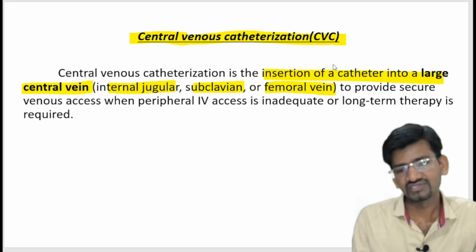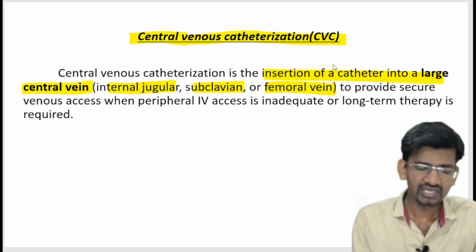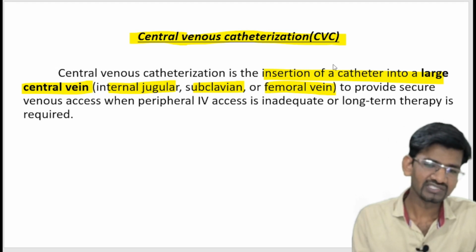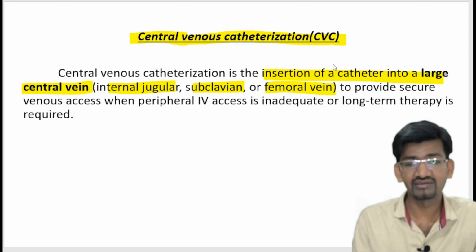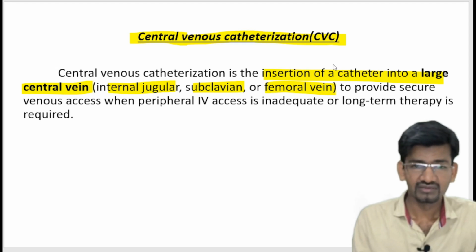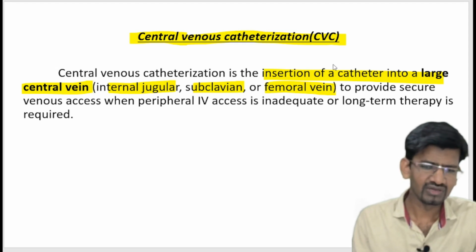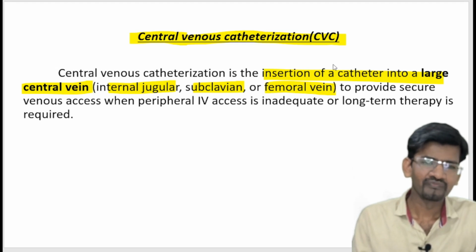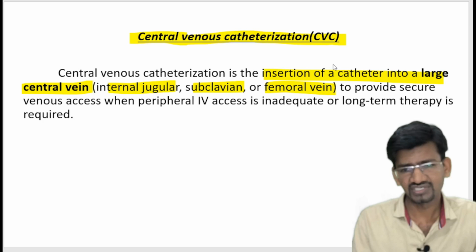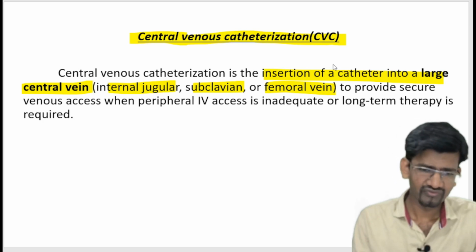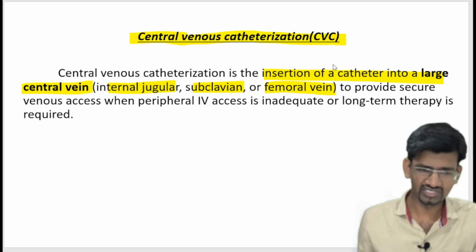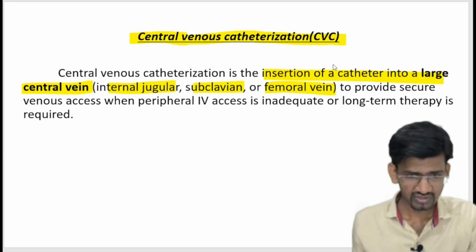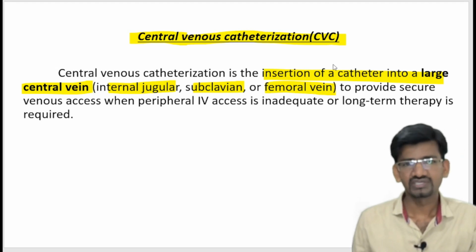Or the patient requires long-term venous therapy, is dependent on IV fluids, requires TPN, or needs rapid blood transfusions. In such cases we preferably do central venous catheterization rather than peripheral. So this is all about the introduction to central venous catheterization.